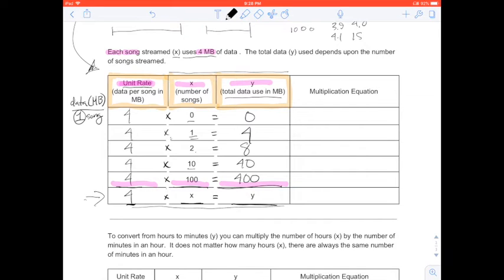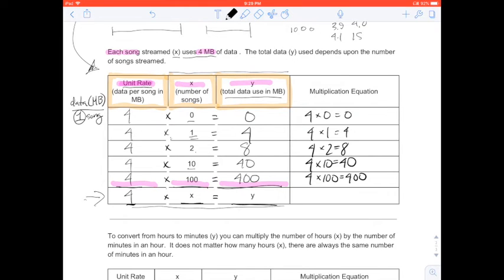And let's go ahead and rewrite these. 4 times 0 is 0, 4 times 1 is 4, 4 times 2 is 8. I know you already wrote these, so sorry for all of this extra time.